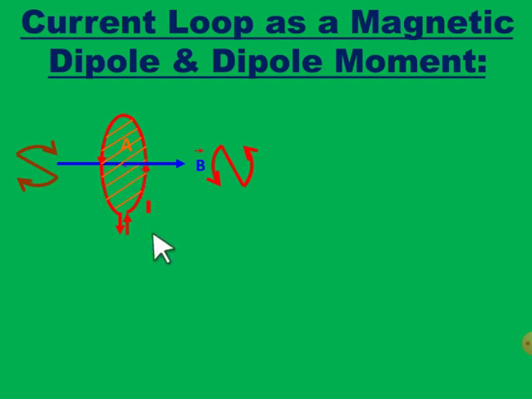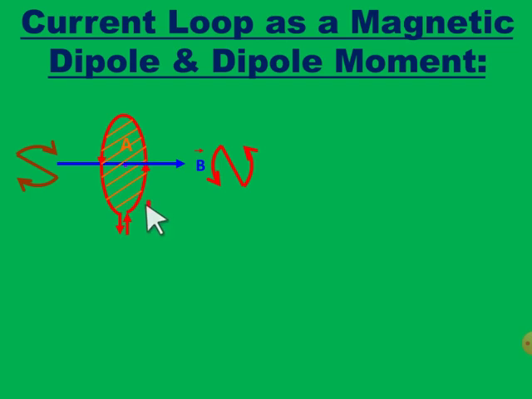Now, to find the magnetic dipole moment, we need to know the direction, and we need to know the magnitude of the current flowing through the circular coil as well as the area of this circular coil, or circular loop you can say.